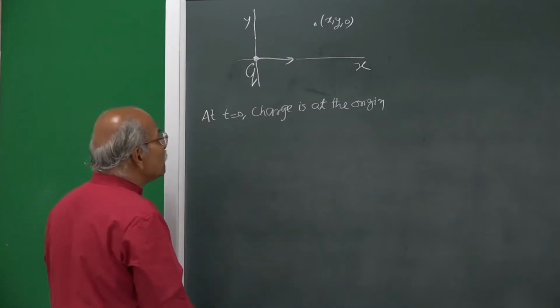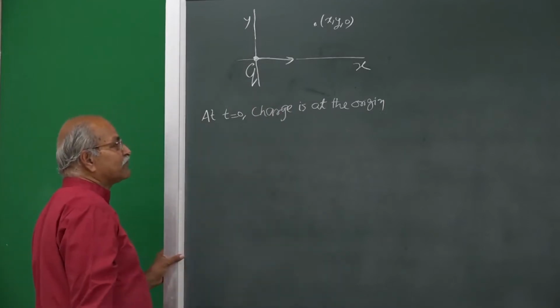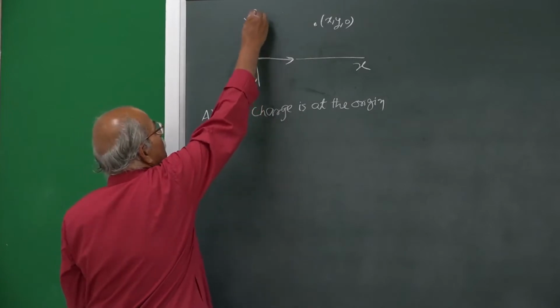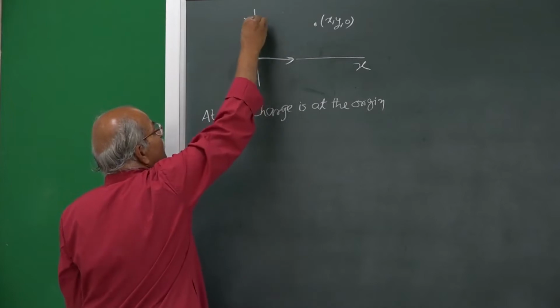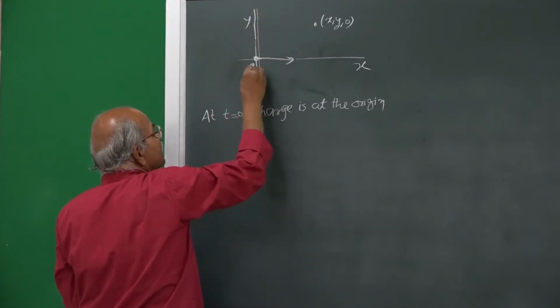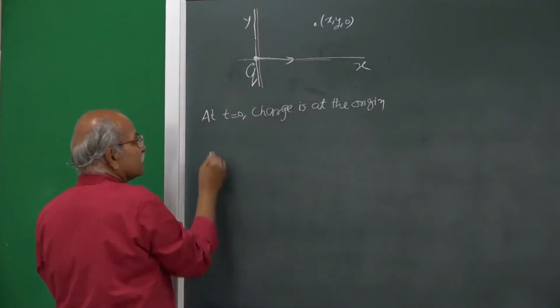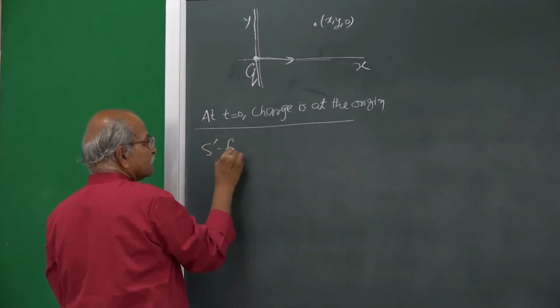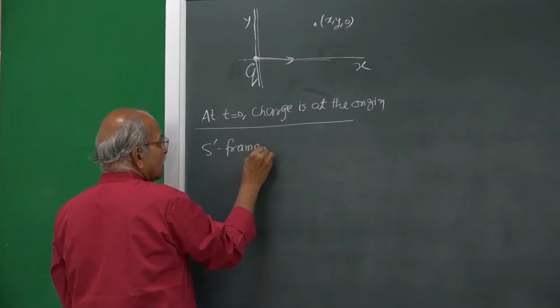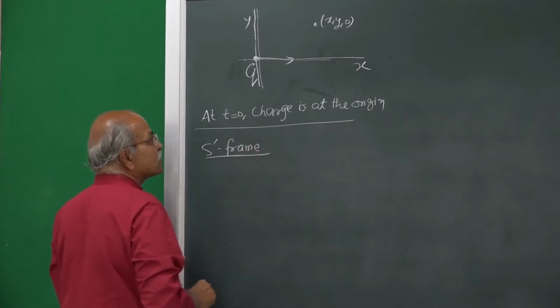So, what do I do? I go to S prime frame. So, S prime frame also at this origin crossing, when origins are crossing each other, at that time this charge is right here. So, let us go to the S prime frame, and in S prime frame what is the situation?